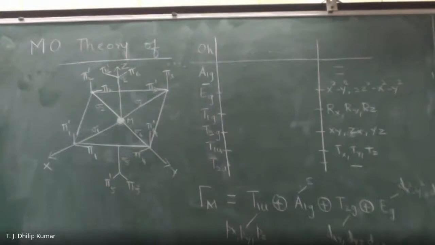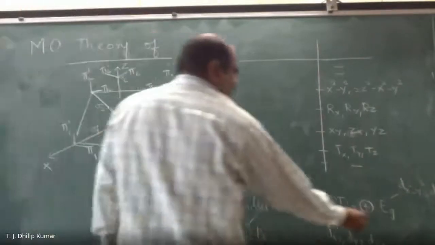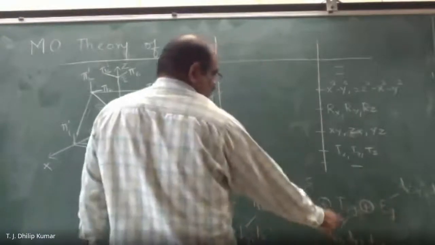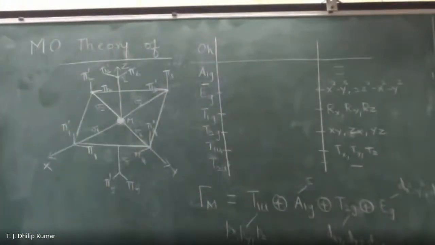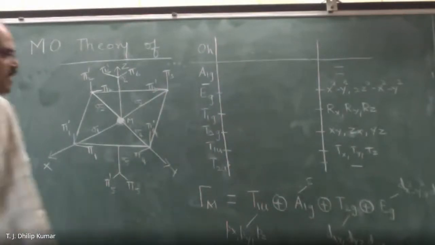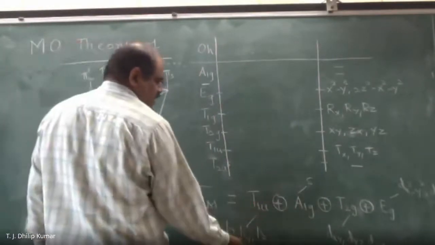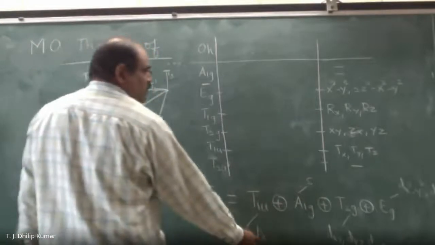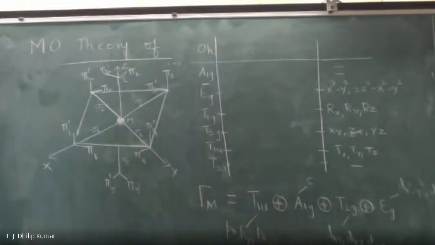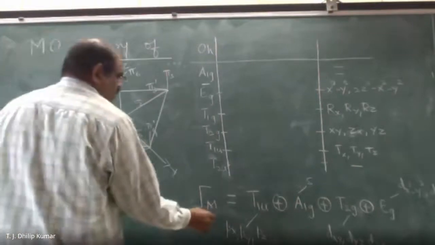So dz square and dx square minus y square form Eg symmetry, and T2g forms dxy, dyz, dzx symmetry. The px, py, pz orbitals of the metal have T1u symmetry, and the metal s orbital has A1g symmetry. So this is what we get for the metal.